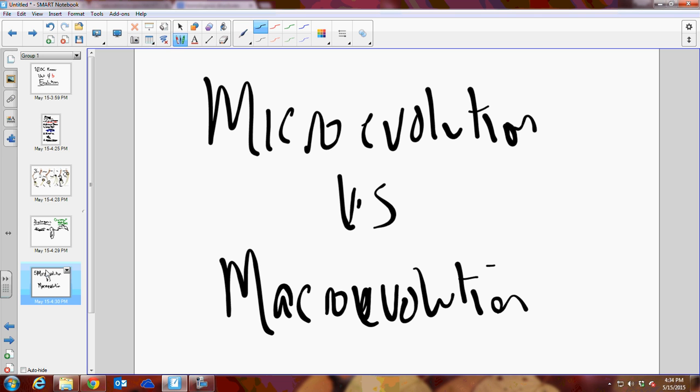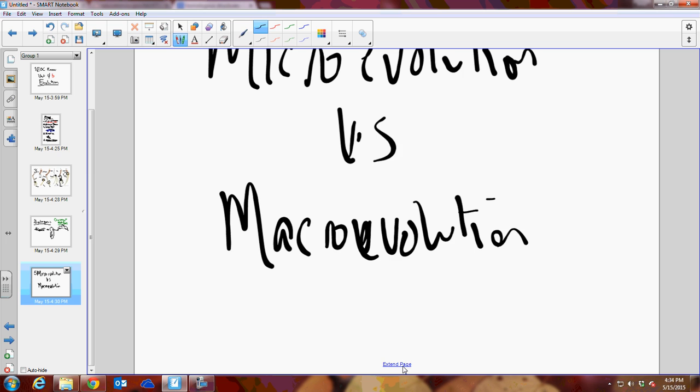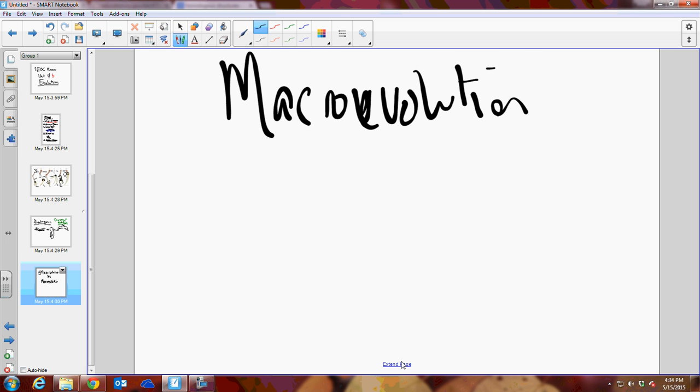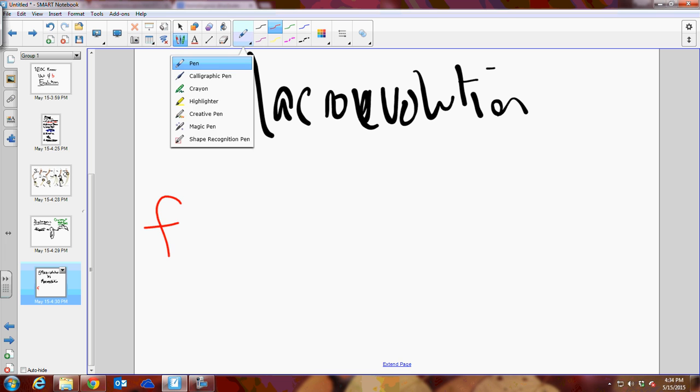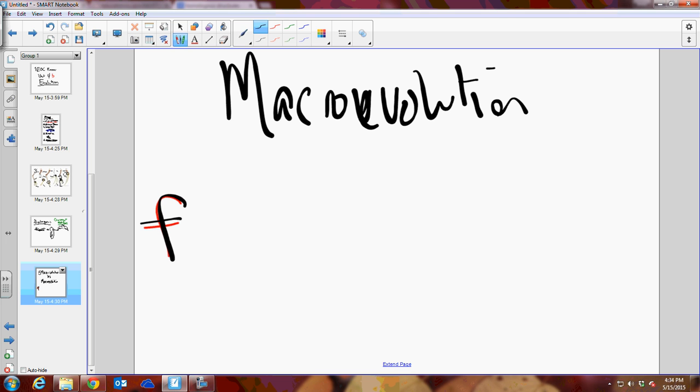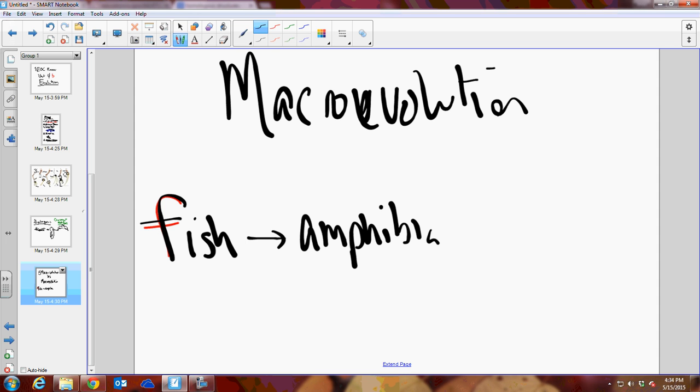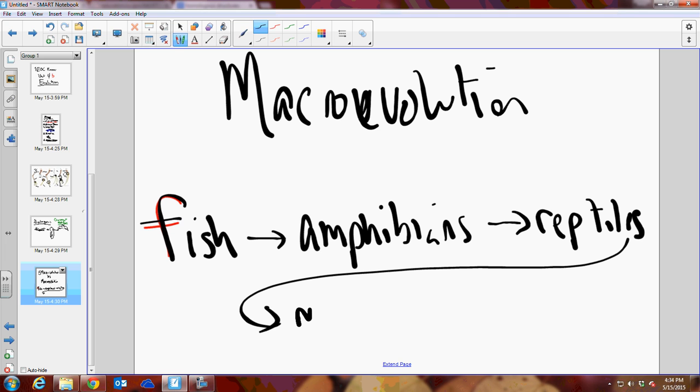And so the common example of macroevolution in animals is fish represent the first vertebrates, and then from fish, the first amphibians have common ancestry, and then reptiles, and then mammals.